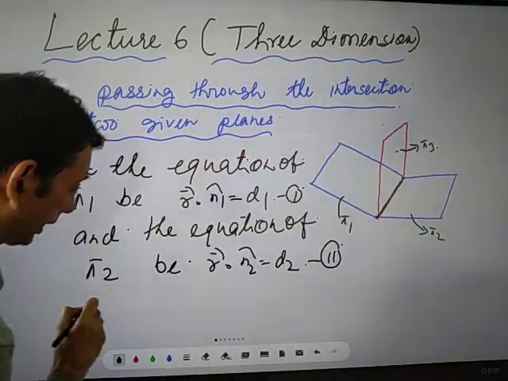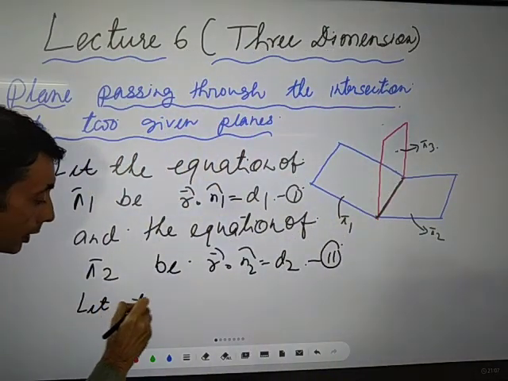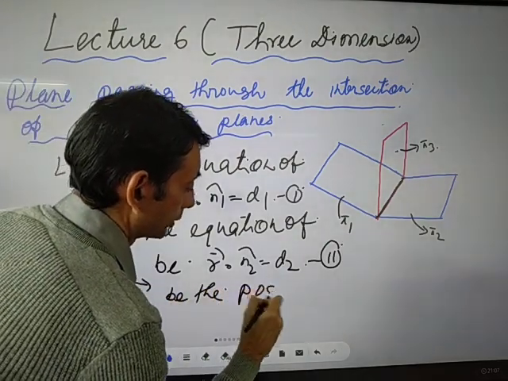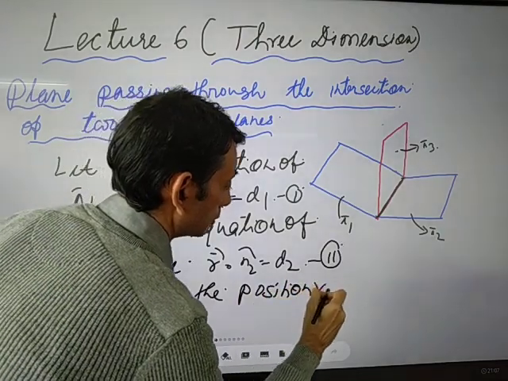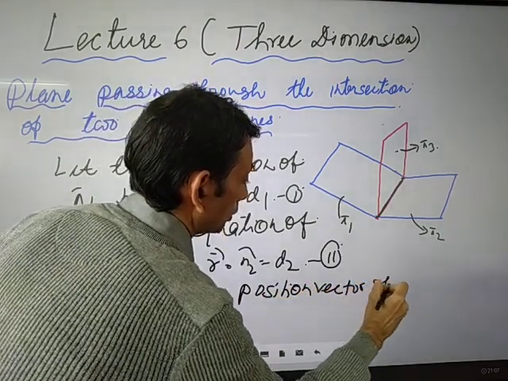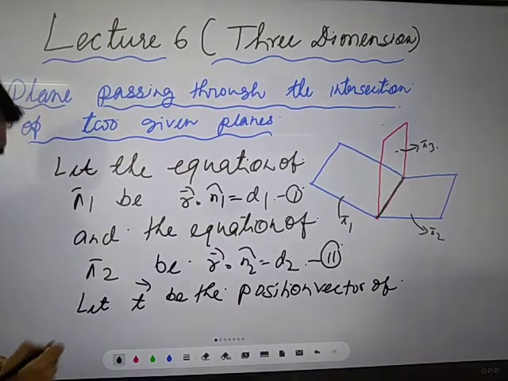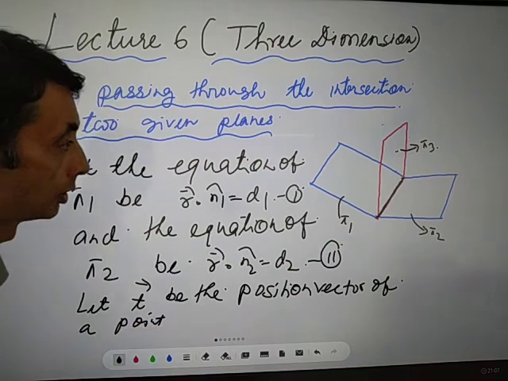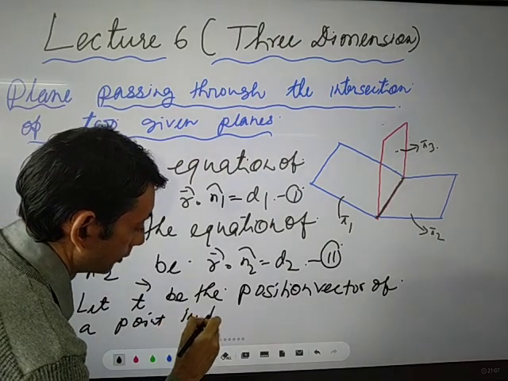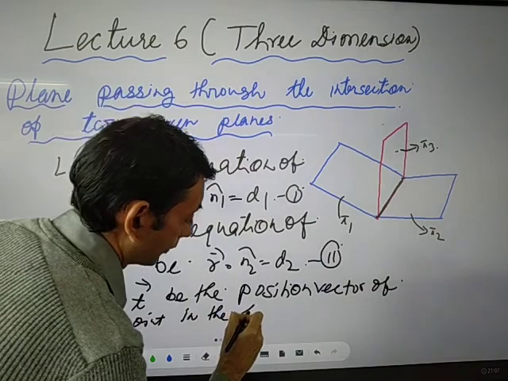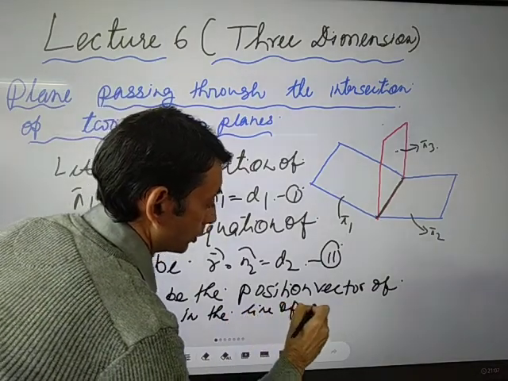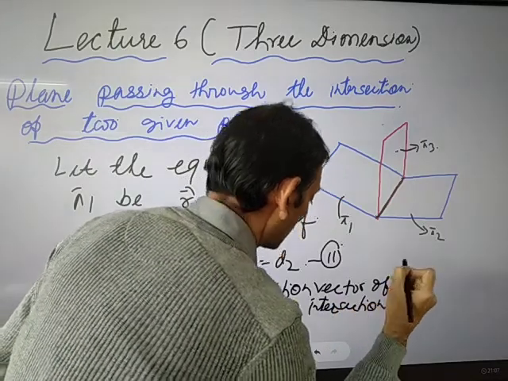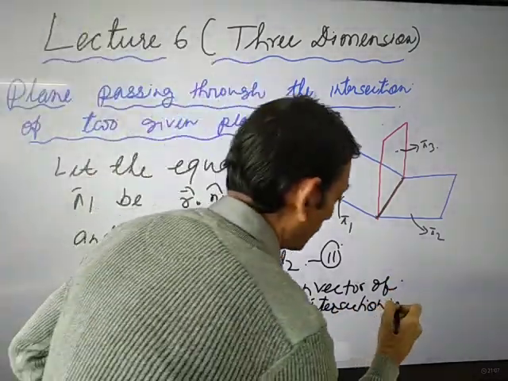Let t be the position vector of a point in the line of intersection of pi1 and pi2.